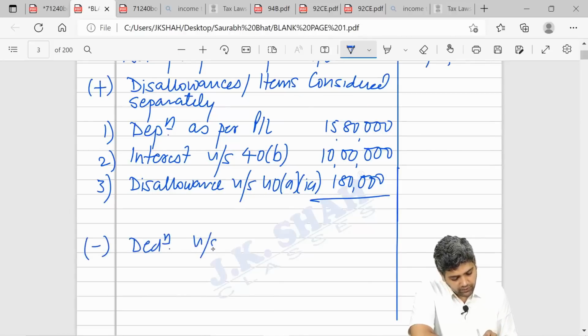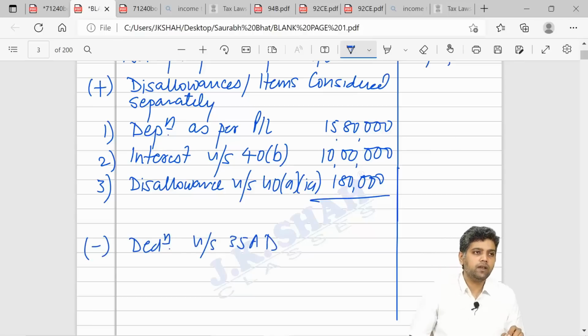So less deduction under 35 AD. Please remember friends that in this question they have specifically said that 35 AD deduction is opted for by the assessee. Last year one of the amendments made in law is that now 35 AD is not a mandatory deduction. So if I am, let's say, conducting a specified business but I don't want 35 AD for whatever reason, in that case government will not force me to avail deduction under 35 AD.